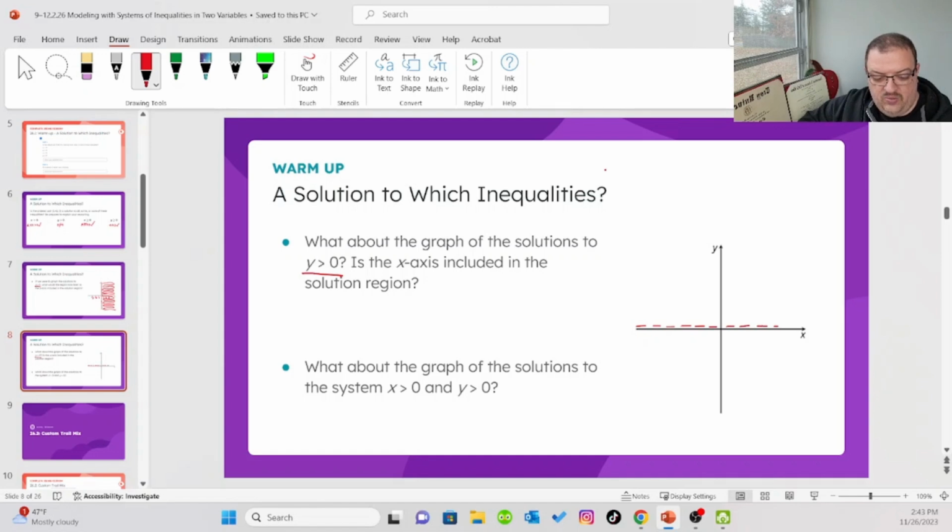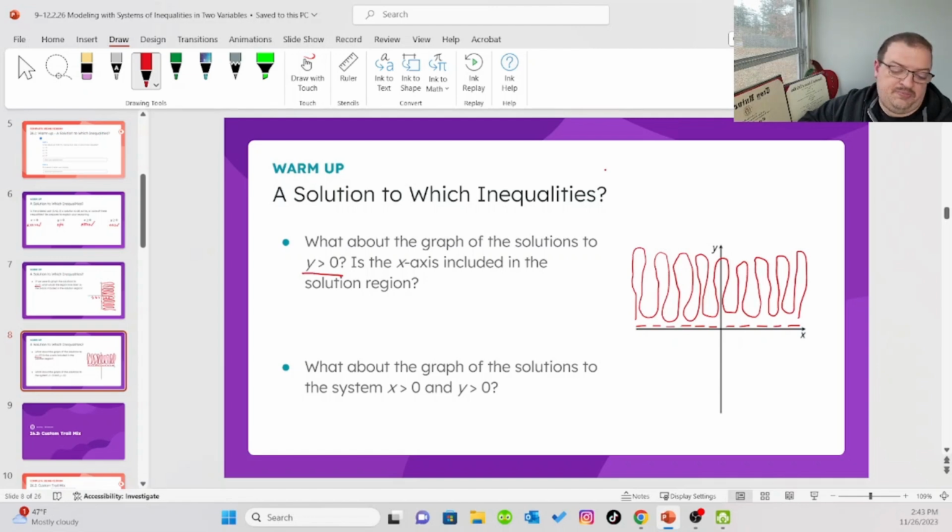I only want y if it's greater than 0. So now we would shade everything above because these are my positive values, like 1, 2, 3, and so on. I would not include anything on the x-axis because that would make y equal to 0, and I don't want it to equal 0. And I don't shade anything below the x-axis because those are my negative values, and I don't want less than 0. I only want greater than 0.